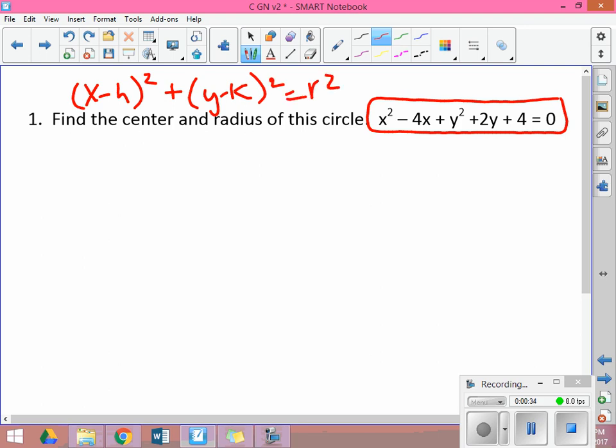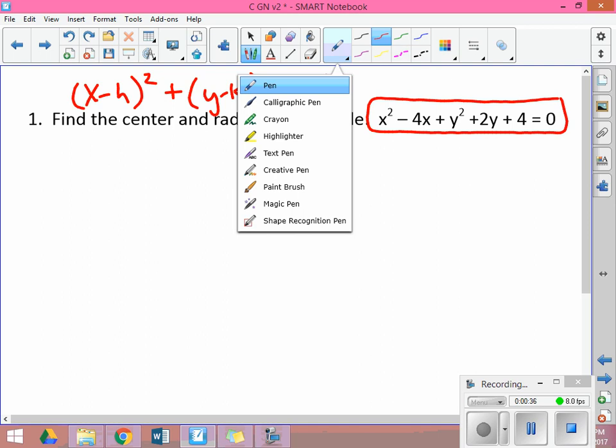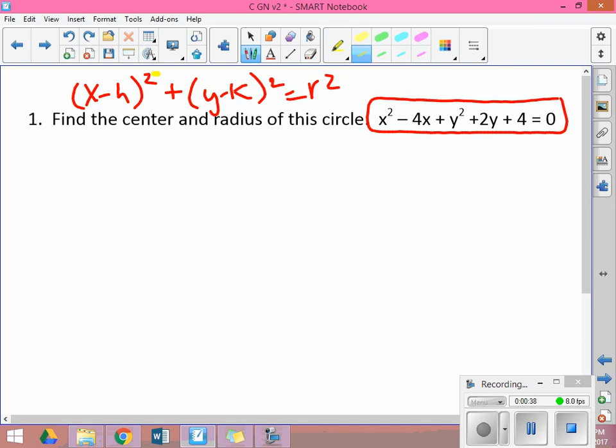We want it to look like that. So we are going to use this completing the square process to create this quantity squared and this quantity squared from these numbers. We're going to force them to fit that pattern.